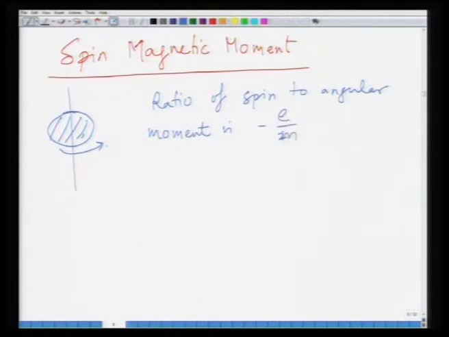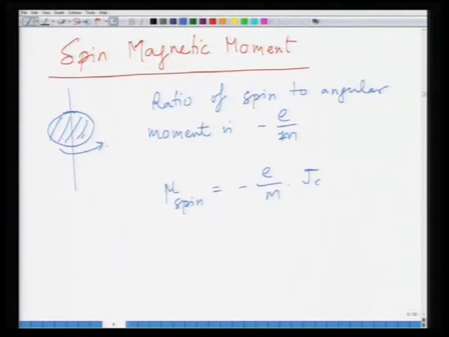So, what it means is that mu spin is equal to minus of e by m into j, and j, as we know, is angular momentum, the angular momentum of the electron. The spin magnetic moment in a material is twice that of the orbital magnetic moment, and this is for purely quantum mechanical reasons, which you can find in any standard book on magnetism.